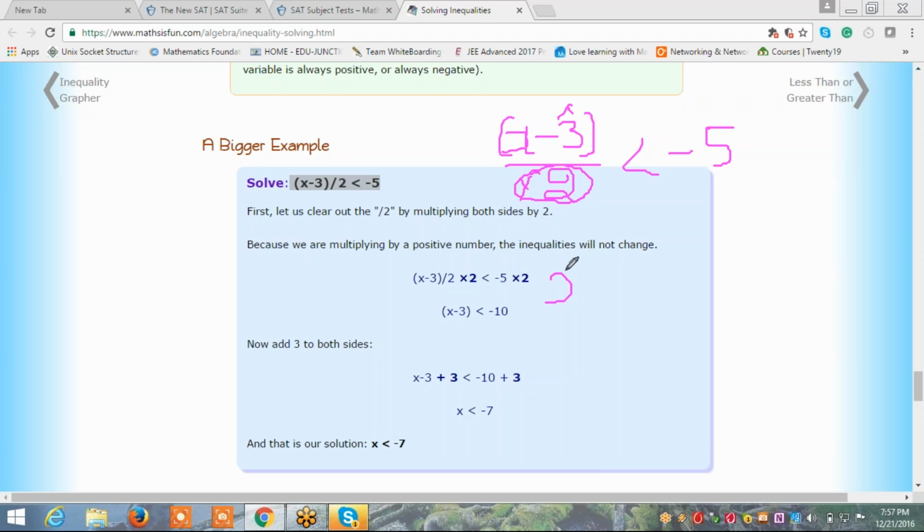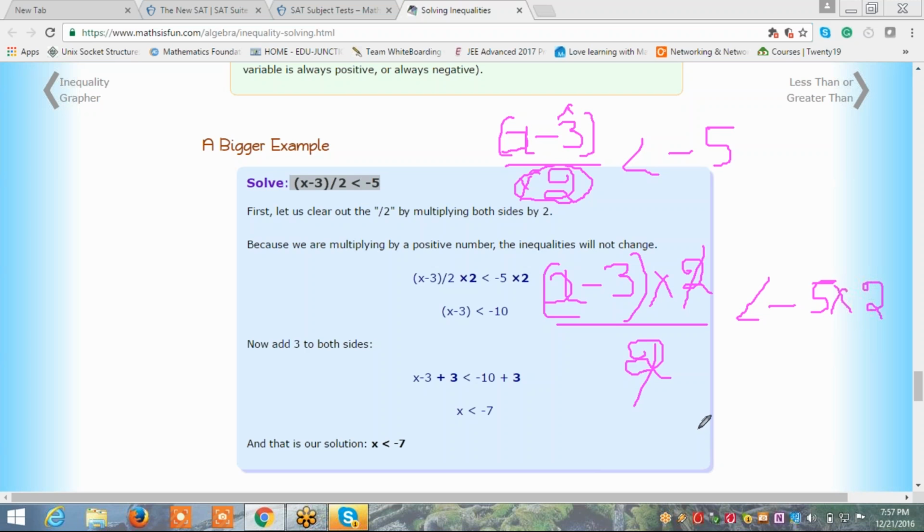How to remove that 2? By multiplying 2 on both sides. If I multiply by a positive number, the inequality symbol will not change. The 2 cancels, and you're going to get x minus 3 is less than minus 10. Are you clear up to this point?